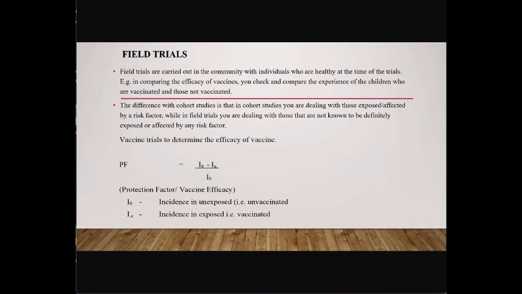Now, we look at two communities, two areas where we want to try the vaccine to see how protective it is. We want to find out what we call the protective factor of that vaccine. So we vaccinate children in community A, and we do not vaccinate children in community B.